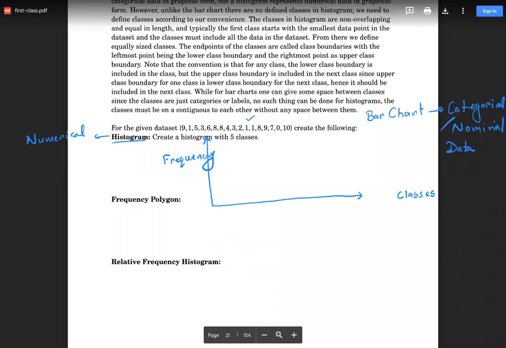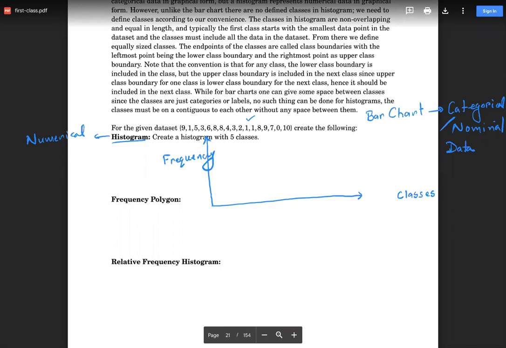Now, what are classes? A class is something you define. Think of age. You can create age groups: somebody between the ages of 0 to 10, age group from 10 to 20, 20 to 30, 30 to 40, 50, 60, 70. You get the idea, right? This is a rule you define, and you create the classes.